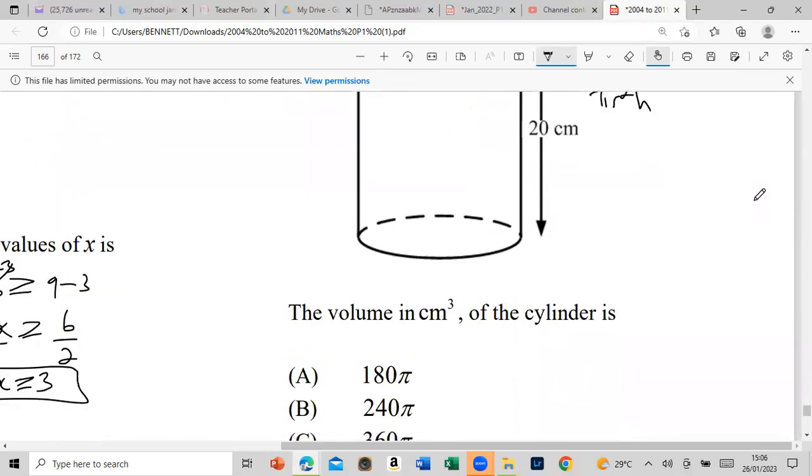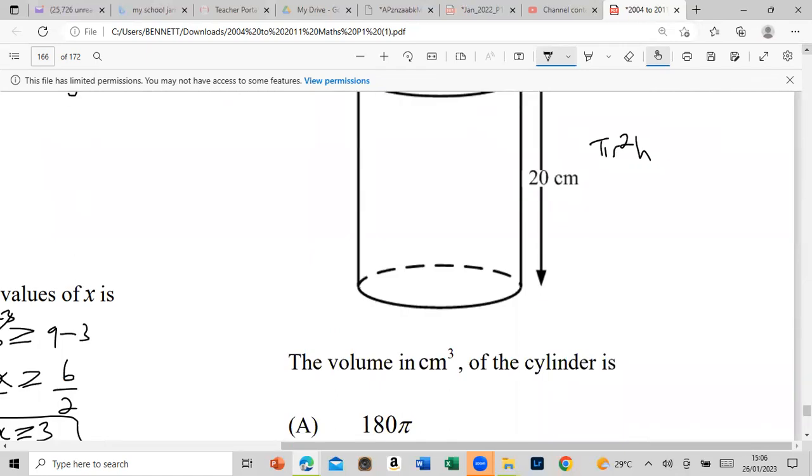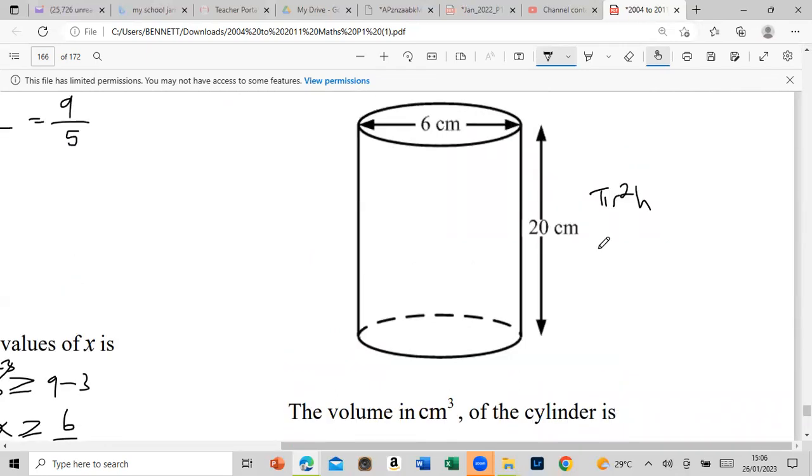So if we leave the pi, we work out 3 squared times pi times 20. 3 threes are 9, so 9 times 20 is 180 pi.